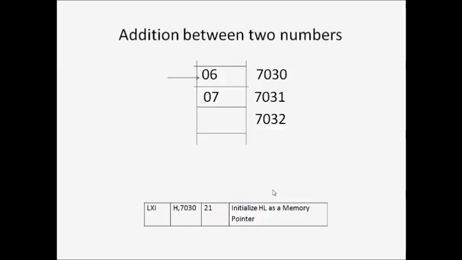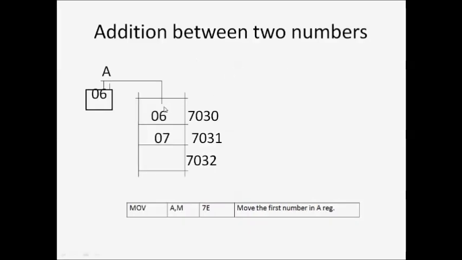First, fetch the data from memory location 7030. For this, initialize the HL pointer to the 7030 location with the help of this instruction, LXI H 7030, and 7030 contains 06. 06 is moved to the accumulator, because in the microprocessor any operation is performed with the accumulator and the result is stored in the accumulator.